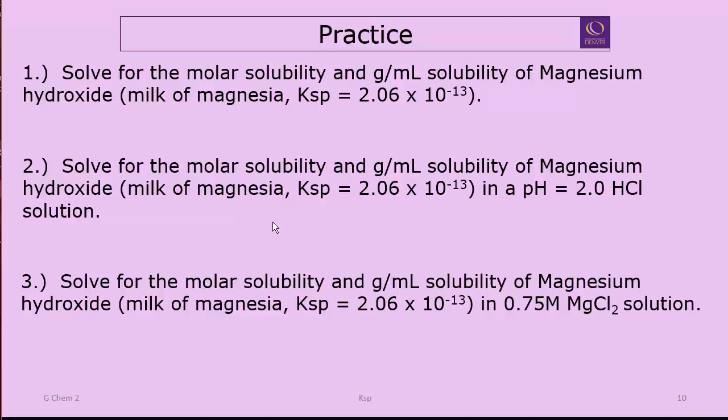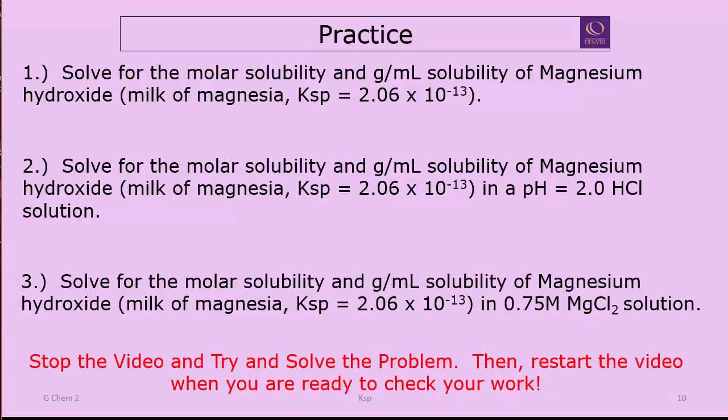Then I want you to do the same calculation when the pH is 2 due to HCl being in the solution. So the third calculation is where you're going to do the common ion effect, where you have that magnesium already in place. So at this point, stop the video, try and solve these problems. When you think you have good answers, restart the video and check your work.